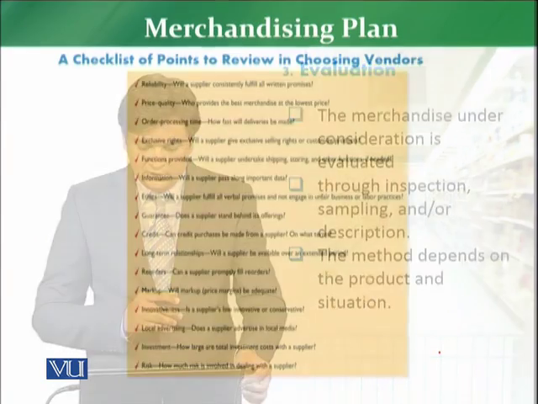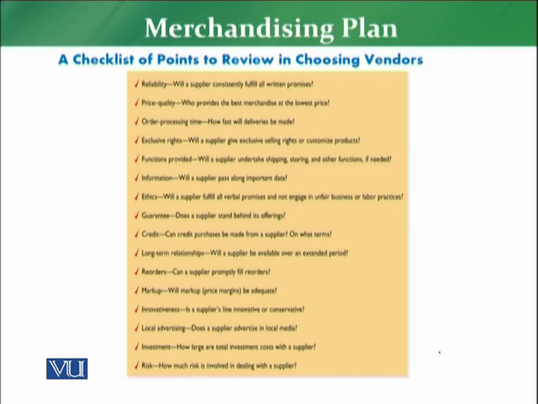So let me share with you the checklist of points to review while choosing the vendors, because there is a checklist to evaluate them. The first point in the checklist is the reliability of the vendor. Is the vendor giving you the product reliable enough, will the supplier be able to consistently fulfill the promises made to the retailer or not? So either he is a reliable supplier or a non-reliable supplier.